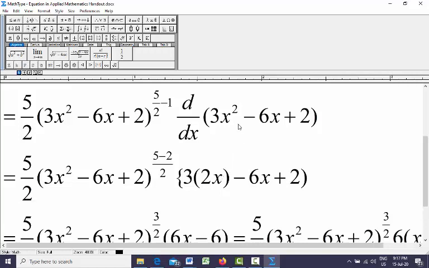If you do differentiation of x square, we get 2x. And then minus, if you do differentiation of 6x, we get only 6. If you do differentiation of these 2, we get 0.